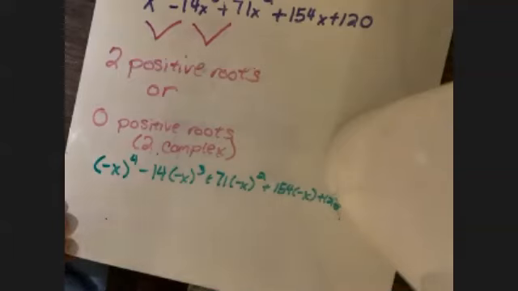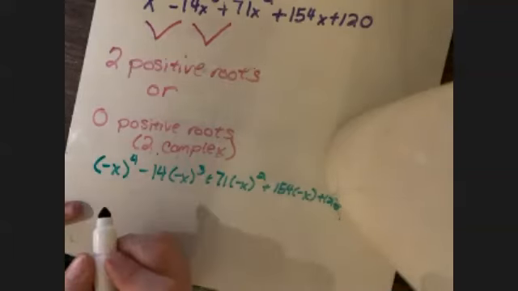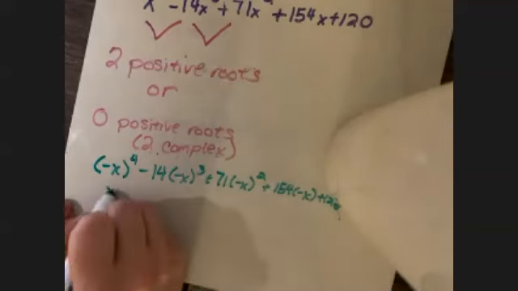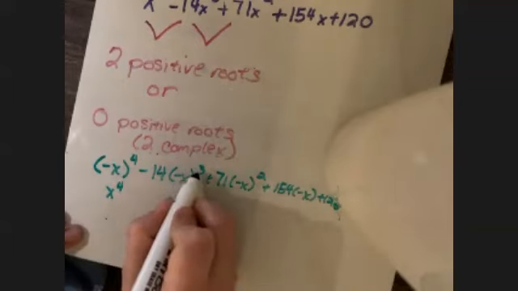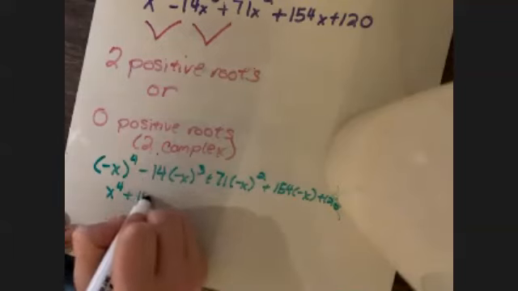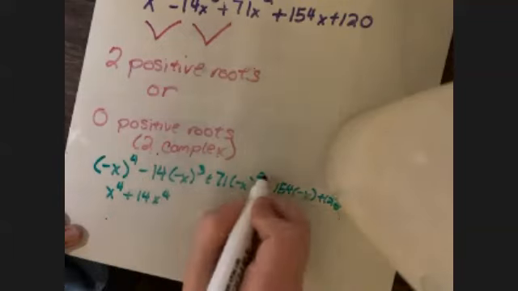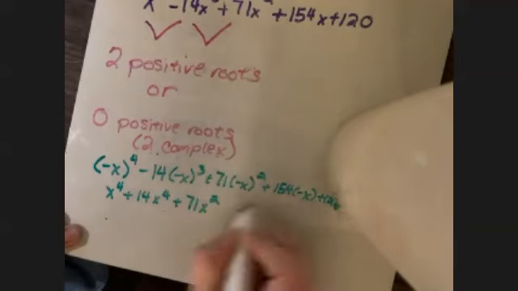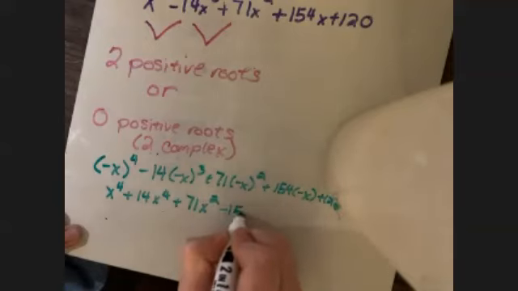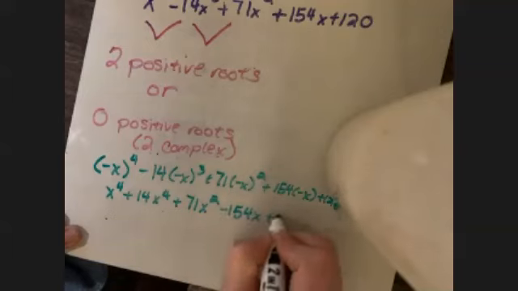Negative times negative times negative times negative is going to turn positive. Negative, negative, negative is going to be negative. There's another negative, so that's going to go positive as well. Negative, negative goes positive. This negative is going to pull into the front. And then we have this one back here.